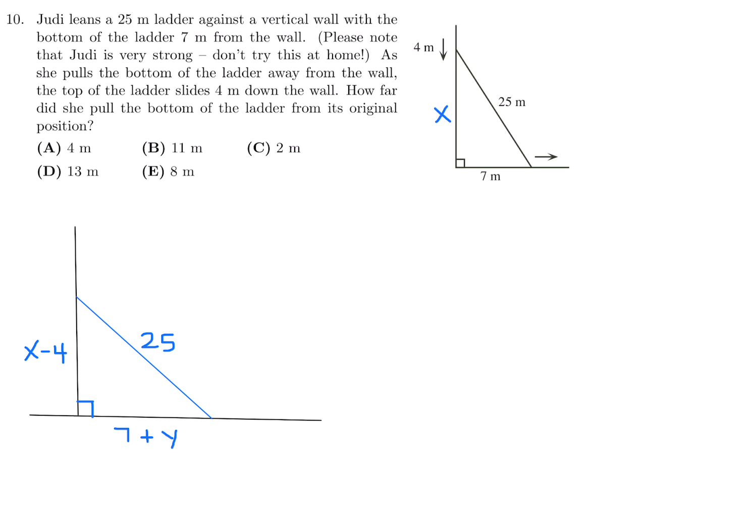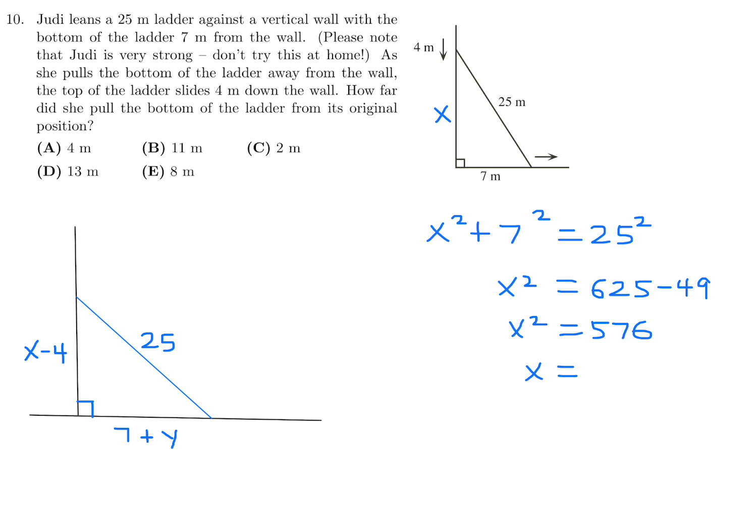So first let's start with this one up here. So x squared plus 7 squared is 25 squared. And if you do that, you get 625, and then 7 squared is 49, so subtract that. So therefore x squared is 576, and therefore x is equal to 24.